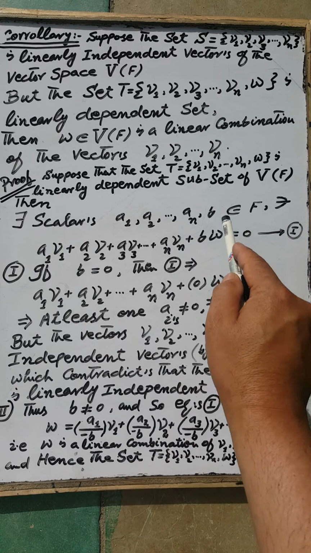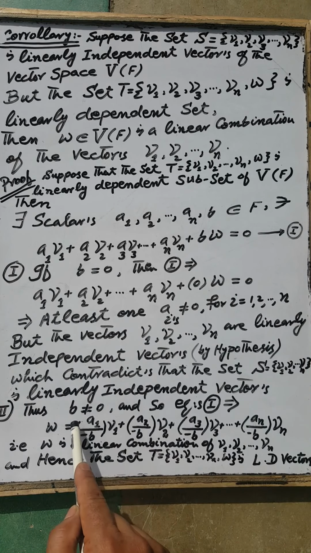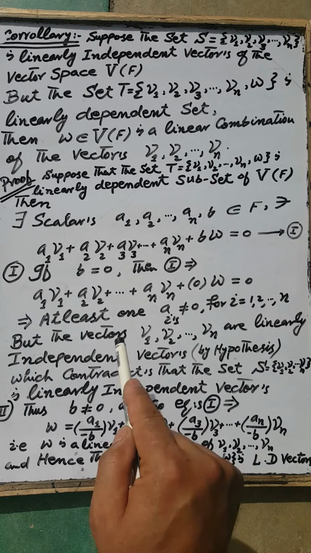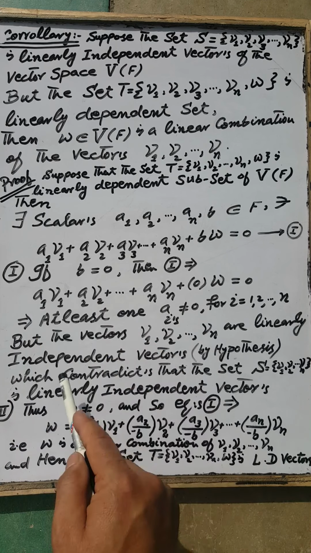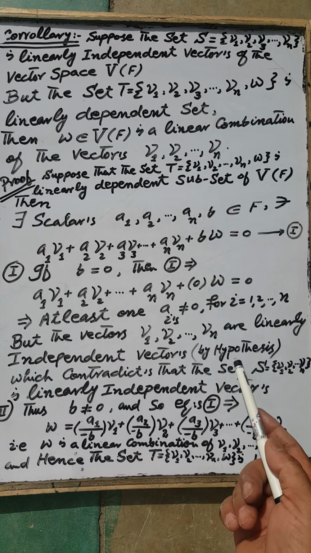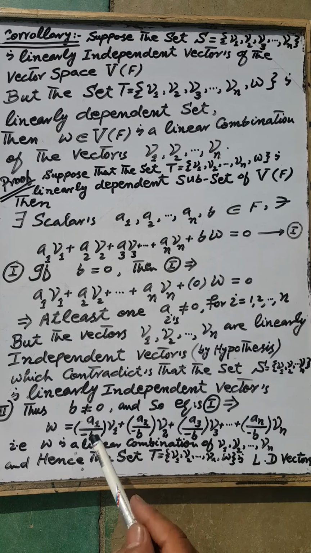So in this case we suppose that the scalar b is not equal to 0. If b is equal to 0 in case first, then there is a contradiction to our hypothesis.